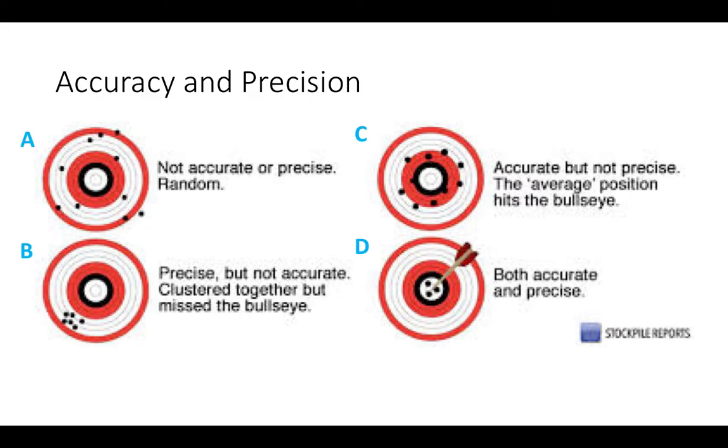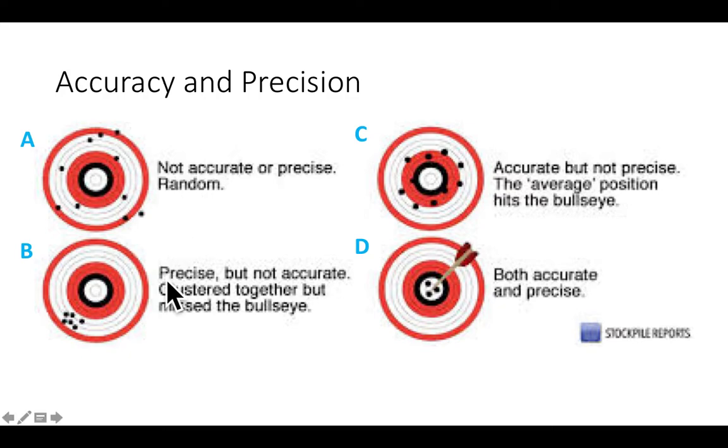So let's look at these visual examples of accuracy and precision. Target A shows the bullseye. However, none of the arrows appear to have hit the bullseye, and they're sprinkled randomly around. So for A, the results are neither accurate nor precise.